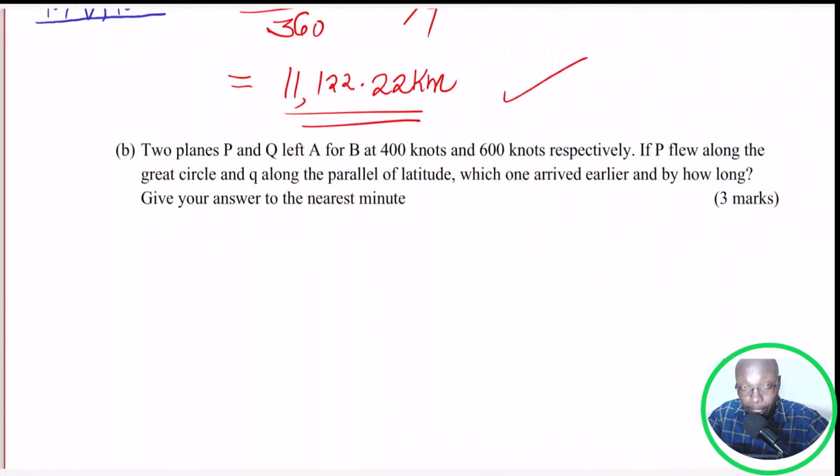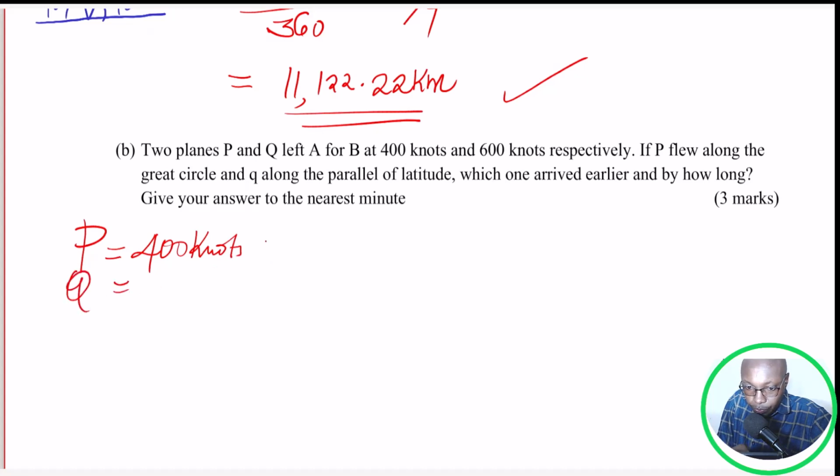Two planes P and Q left A for B at 400 knots. So P, this one was moving at 400 knots, and Q moving at 600 knots.